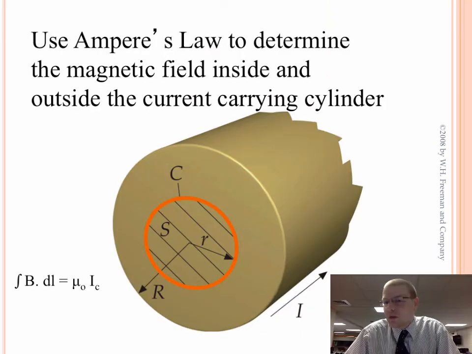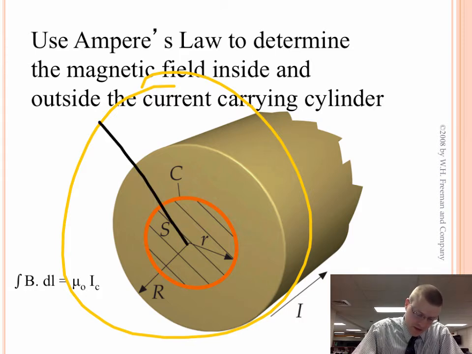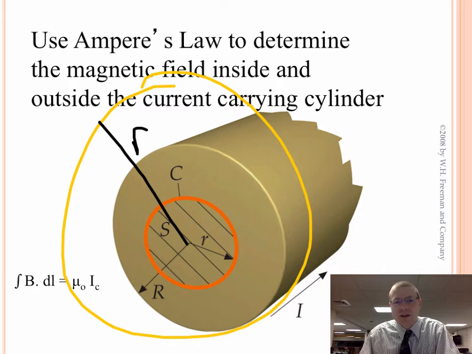Similar to what we did with electric fields, we can use Ampere's law to find magnetic fields inside and outside of current carrying wires. If I want to solve for the magnetic field, let's go outside. I'm going to make an Amperian loop that is outside the wire at a distance little r from the wire. I can see that I do have current passing through my area, and since it passes through the area here, I can use Ampere's law.